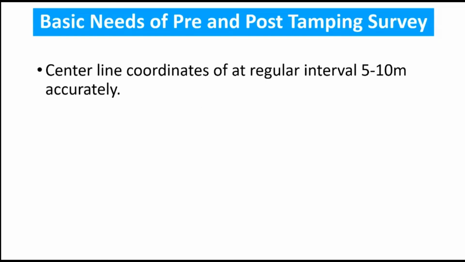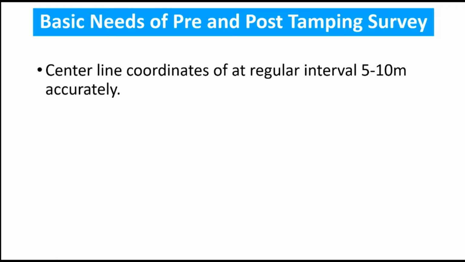Now we will see what the requirements of survey are for pre and post tamping. We require center line coordinates at every 5 to 10 meters accurately, in terms of northing and easting.